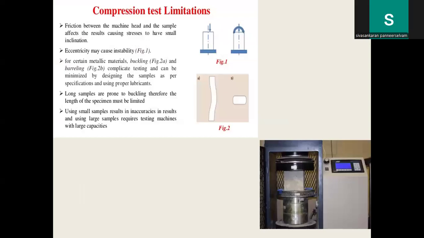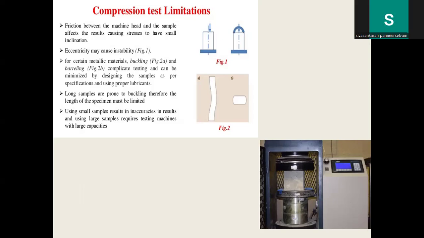What are the limitations of the compression test? This can be demonstrated here with the help of an illustrative diagram. Consider the problem of eccentricity. In a compression test, we need to apply the load along the axis of the specimen, so the eccentricity problem should be avoided.